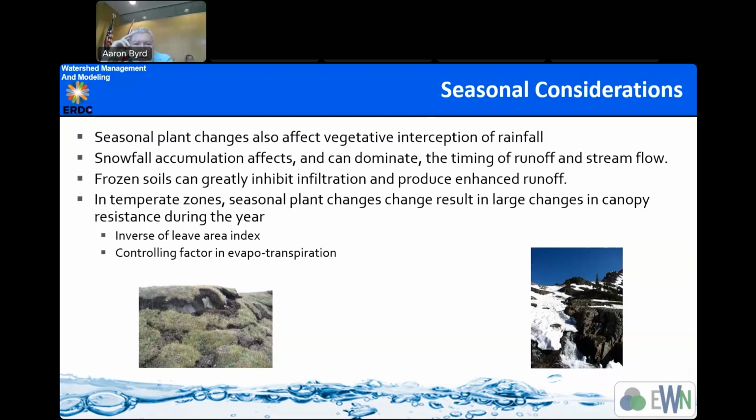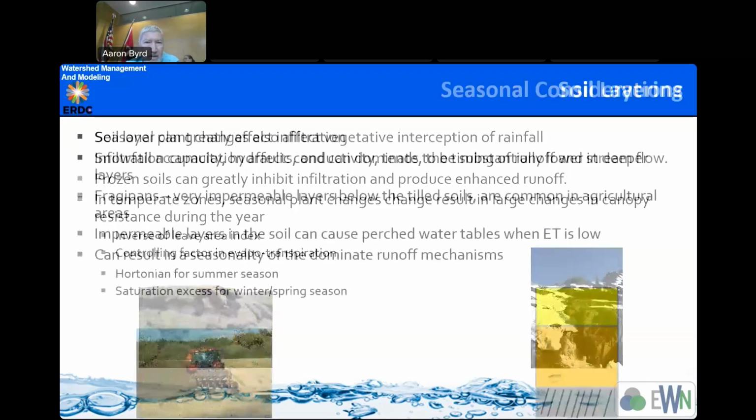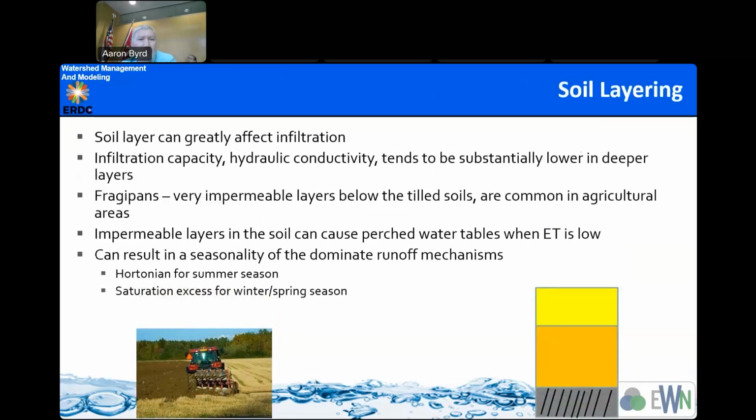In temperate zones, the seasonal plant changes result in big changes in the canopy resistance during the year, and that causes a big change in your evapotranspiration, which affects your soil moisture, which affects your infiltration, which affects your runoff. So, soil layering, I'm infatuated with soil layering.